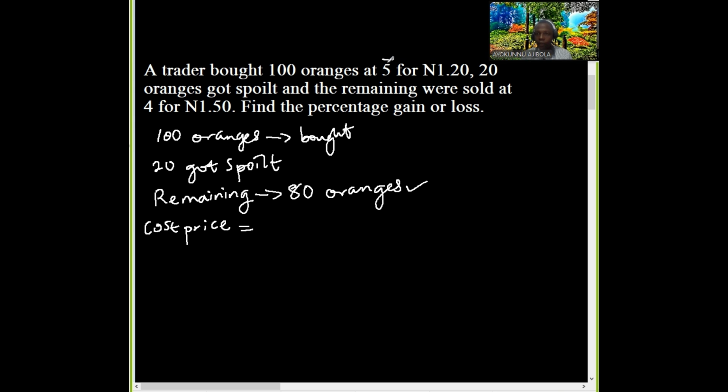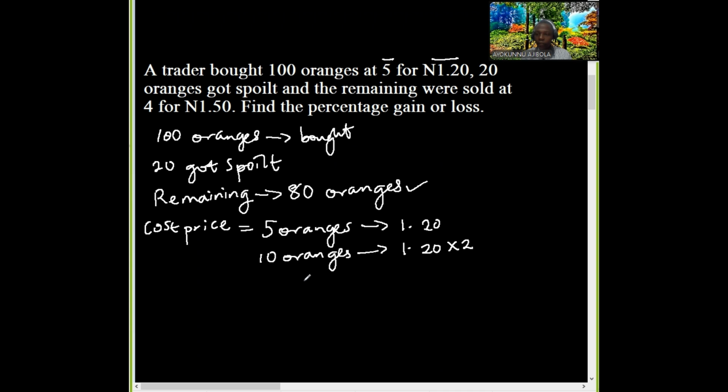So at 5 oranges for this amount, if 5 oranges goes for 1 naira 20 kobo, then 10 oranges will go for 1 naira 20 kobo times 2. Right? Yes, sir. Please just listen.